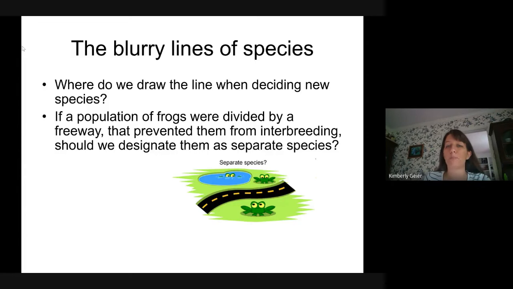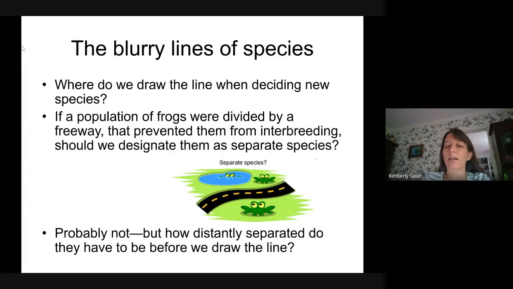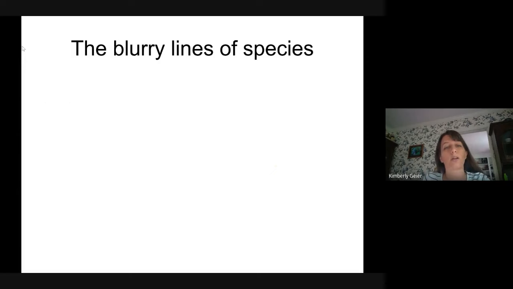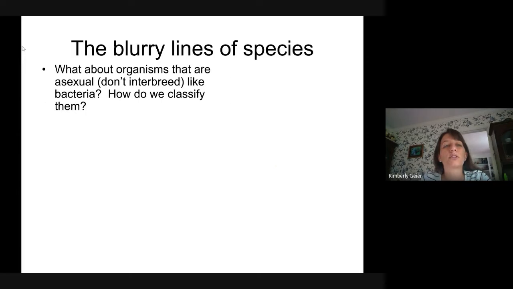But would they be a different species? Probably not at this moment. Maybe they'll find a way over this highway. Maybe concerned citizens will build a bridge over the highway for wildlife or a tunnel. But how distantly separated do they have to be before we draw the line? It's a tough question.